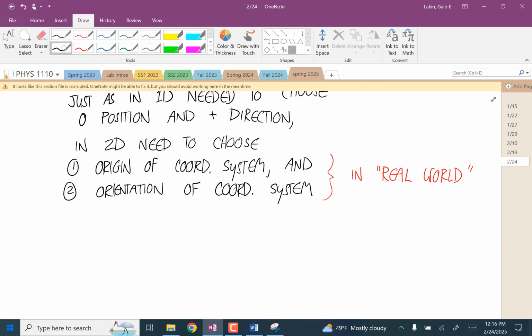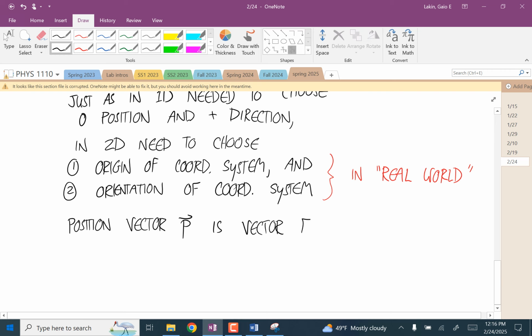Okay, and once you've done those, the position vector, and I'll call it P with an arrow, is the vector from the origin to the object.